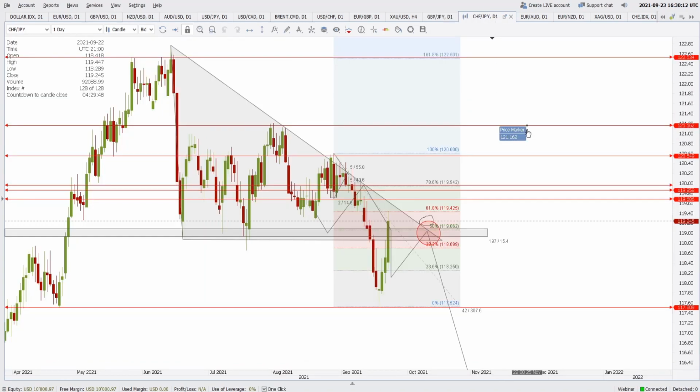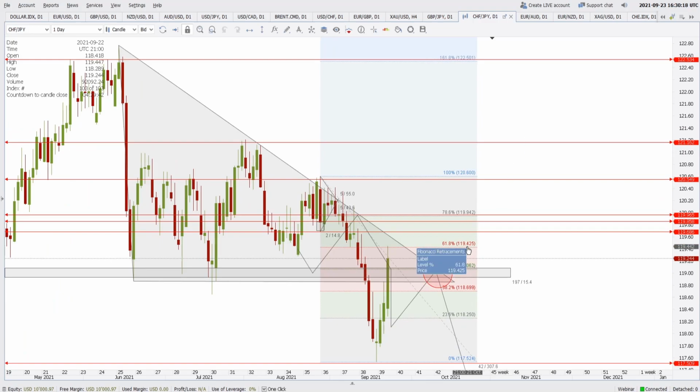Talking about the CHFJPY, I am still very bearish on CHFJPY, although it has given us a very nice move from 117.50 to 119.24. Actually, it has made an intraday high at around 119.44, but I'm still bearish because if the 61.8% of this fall is broken to the upside, that means this bearishness is negated, that this bearishness is over.